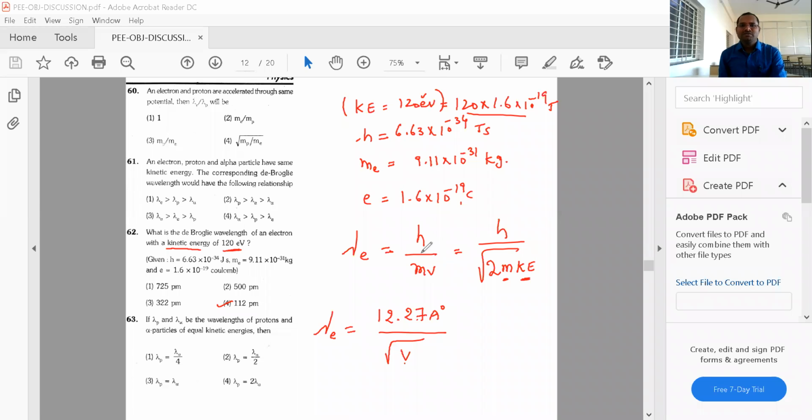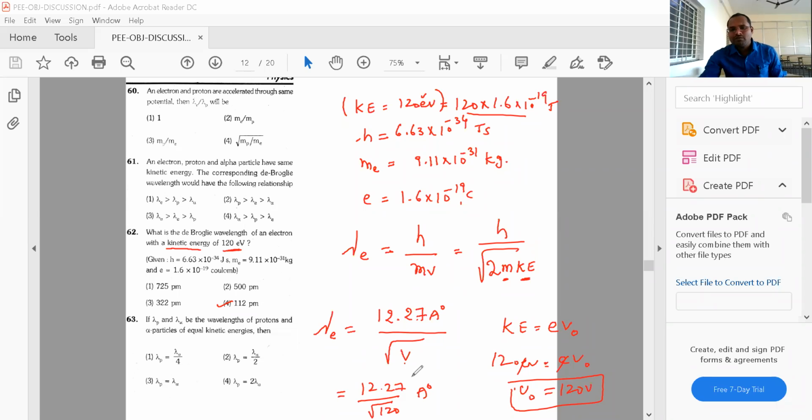Kinetic energy is equal to electron charge times potential difference. So 120 electron volt is equal to eV0, then e cancels. So potential difference is 120 volts. We can substitute this value here, and you'll get 12.27 by under root of 120, in angstroms.